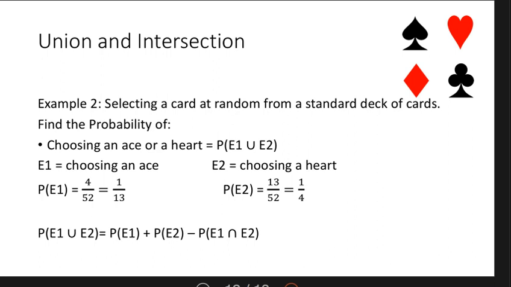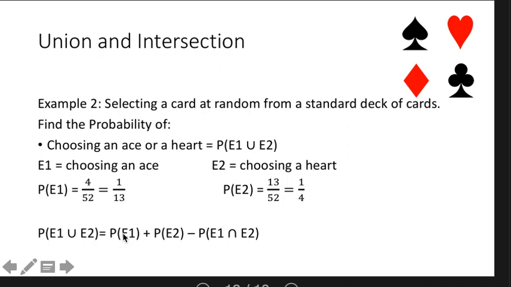All right, the second question was, what's the probability of choosing an ace or a heart? So the probability of choosing an ace, remember, was 4 out of 52. The probability of choosing a heart is 13 out of 52. Using that formula that I want you to memorize, which is the probability of event 1 or event 2 happening is the probability of event 1 plus the probability of event 2 minus the probability that they happen at the same time.